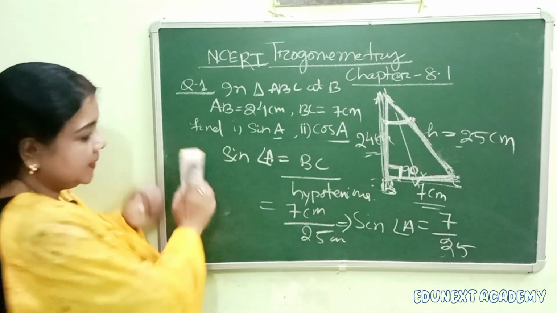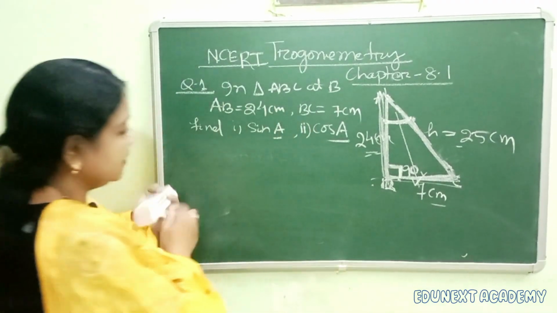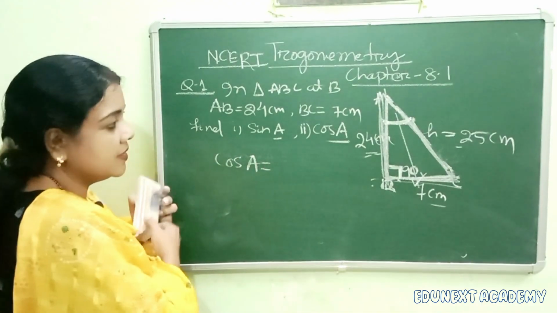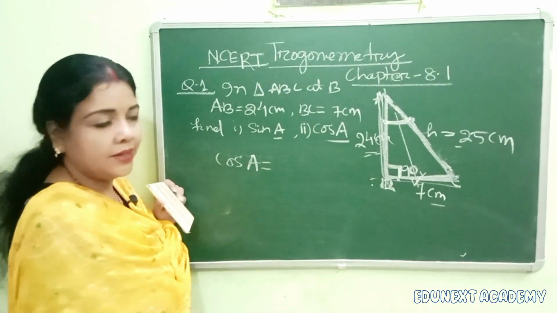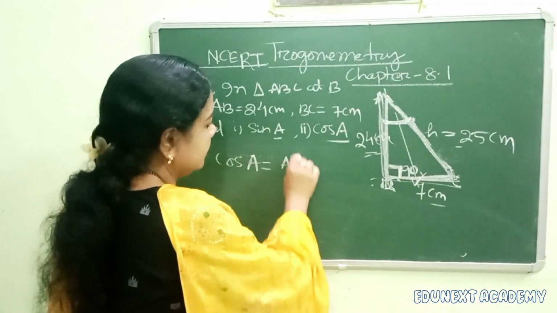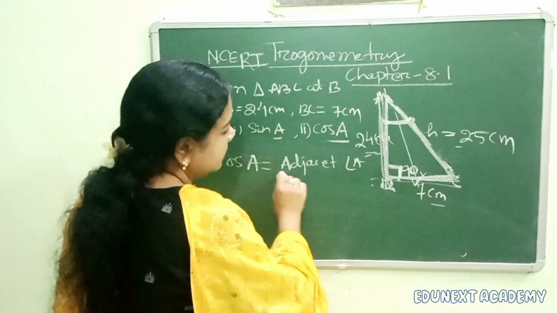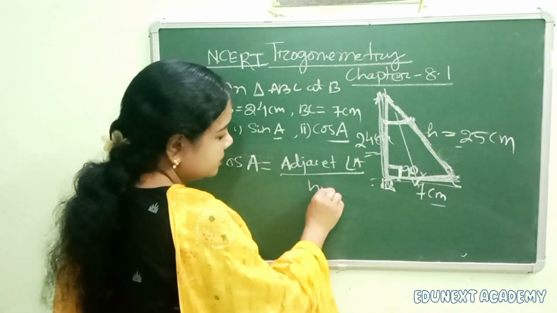How to find cos A? Now, this cos A is the adjacent side to A divided by the hypotenuse.